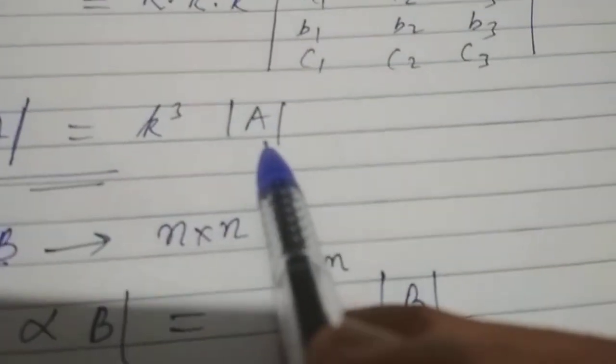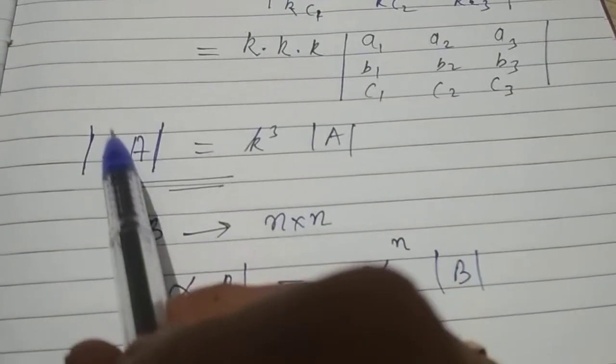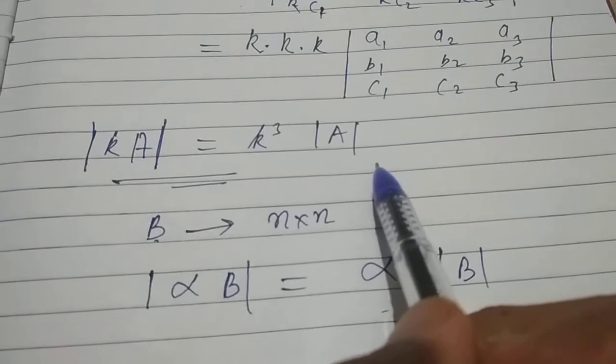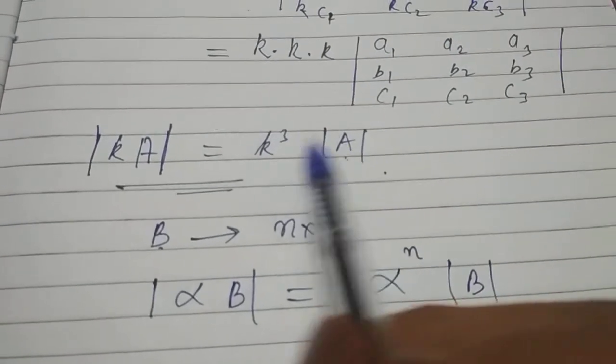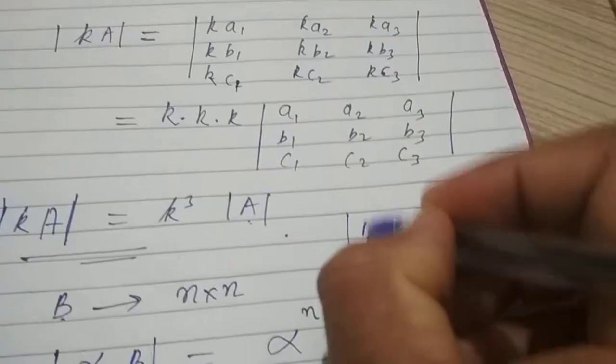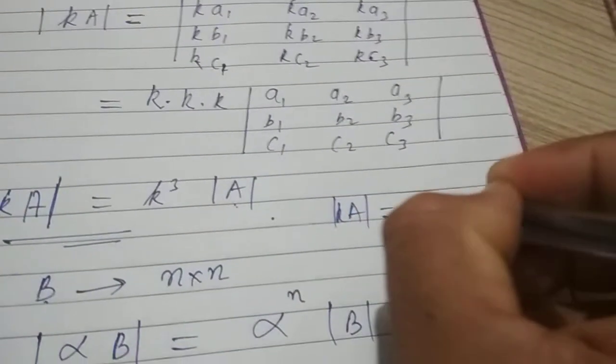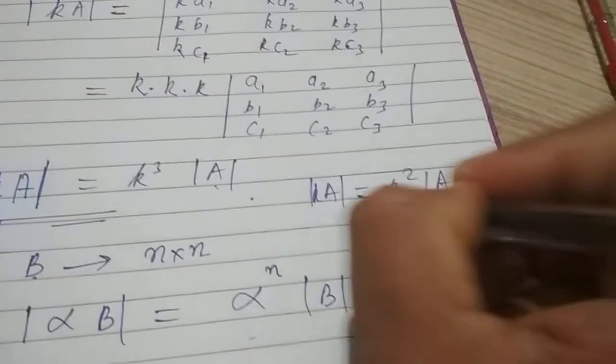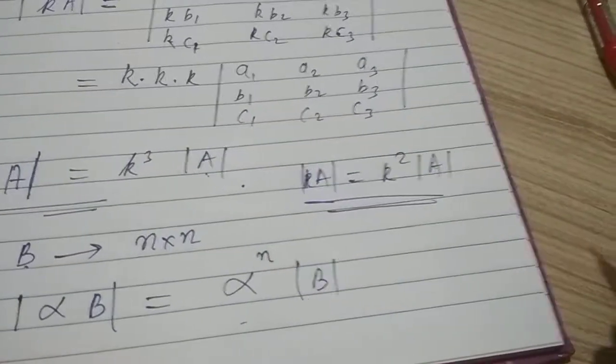A is a 3 by 3 matrix. So according to this property, this should be k cube times determinant of A, because the order of A is 3. If it had been of order 2, then the determinant of k times A would be k square determinant A. So this you should understand. Okay.